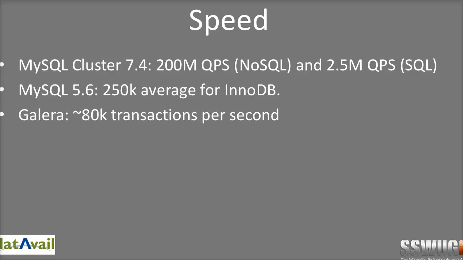Those are just straight selects, and 200 million queries per second for NoSQL. And if you're not familiar with NoSQL versus SQL, NoSQL is a different type of structure. MongoDB, for example, is a NoSQL database engine where you store things in documents and pages, and your queries are a little bit different. You're not using select star from Bob. So it's kind of difficult to compare these different benchmarks.